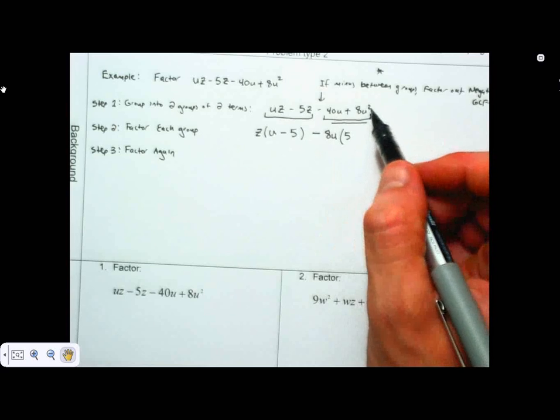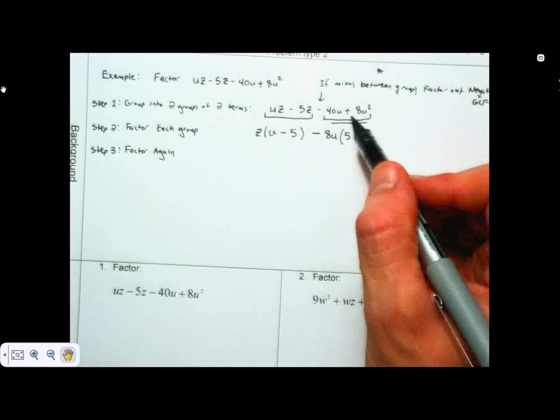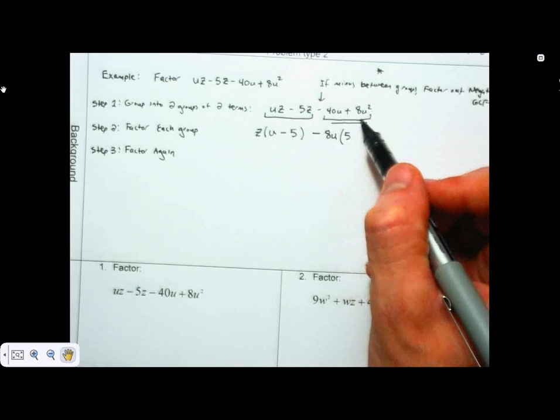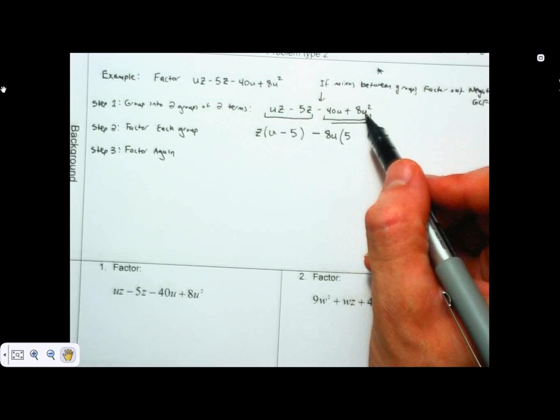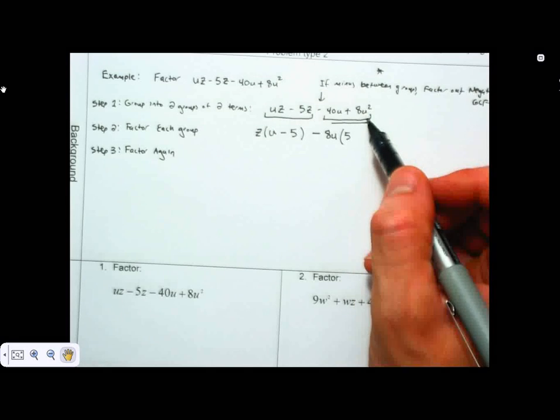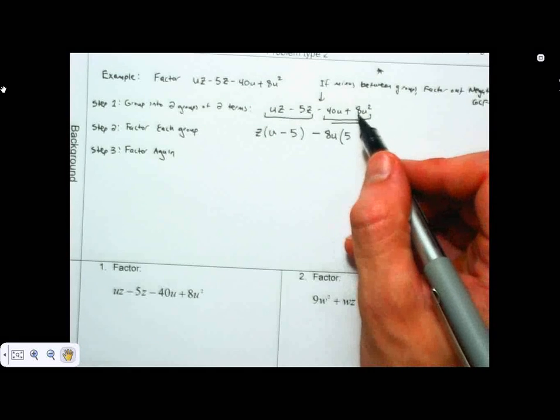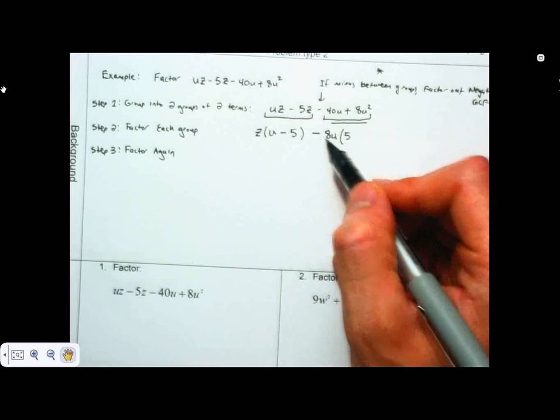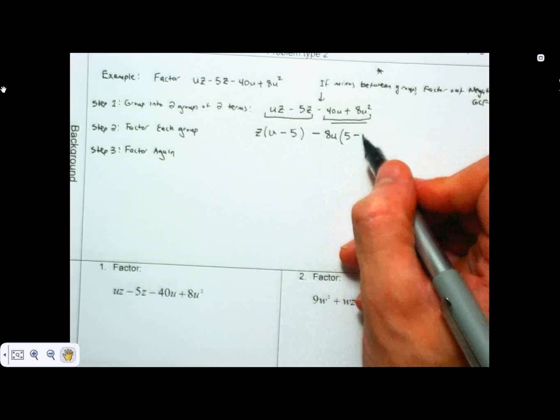And then the second guy, if I factor a negative 8u from 8u squared, that's going to leave just a single u left over. However, since it was positive and we factor out a negative, that's actually going to leave a minus u left over.